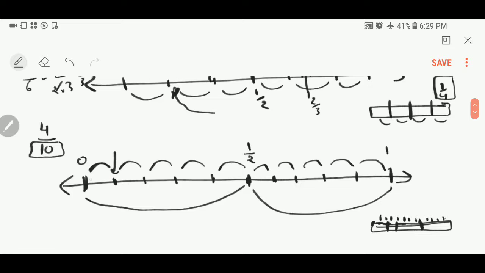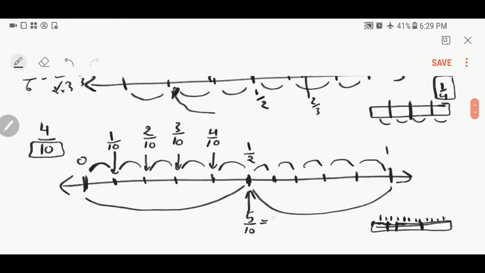The first one is going to be 1 over 10. Very good. The second one, this one here, will be 2 over 10. This one here will be 3 over 10. This one here, 4 over 10. Very good. And this one in the middle here is going to be 5 over 10, which is exactly 1/2.